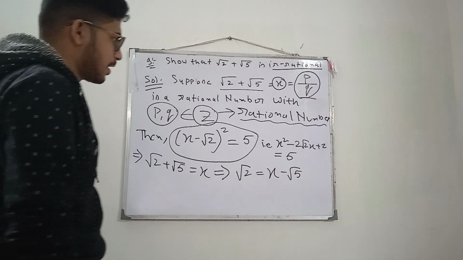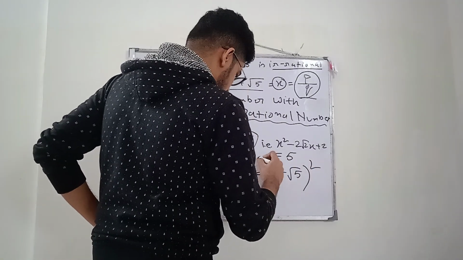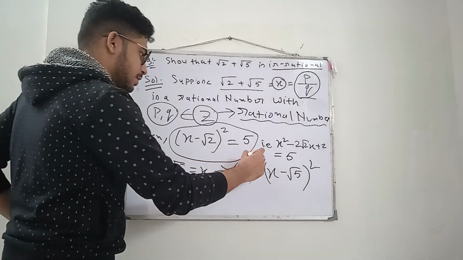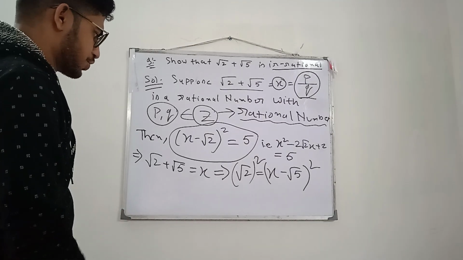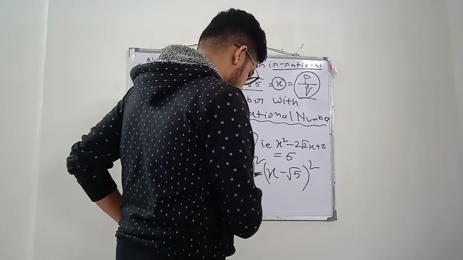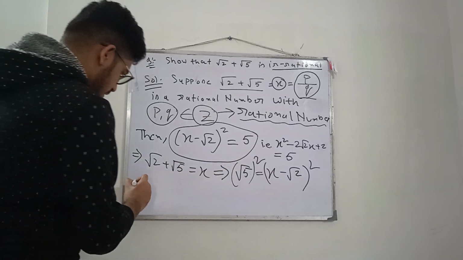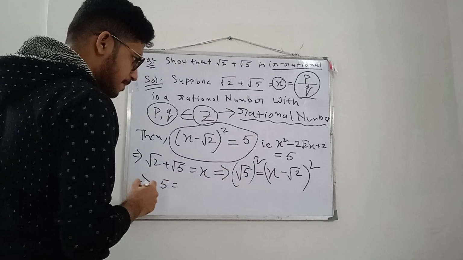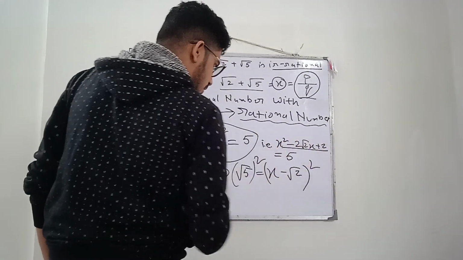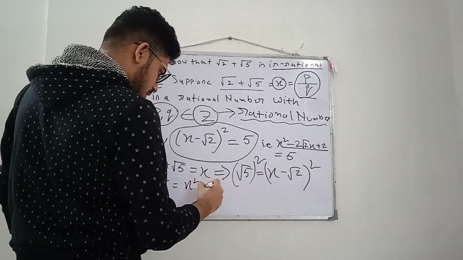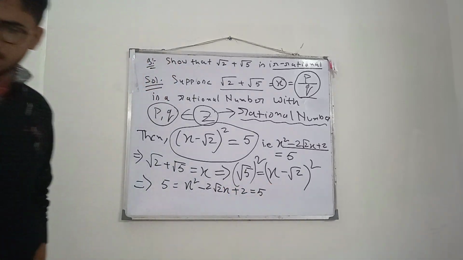They are squaring both sides, and so this one becomes 5 and this becomes this: x square minus 2 root 2 x plus 2 is equal to 5.